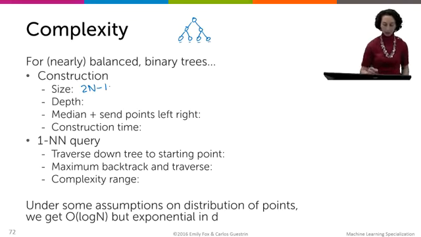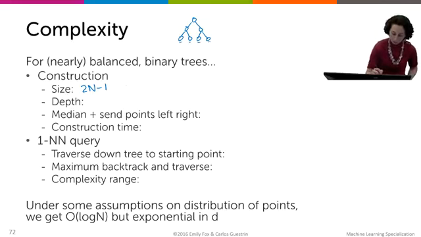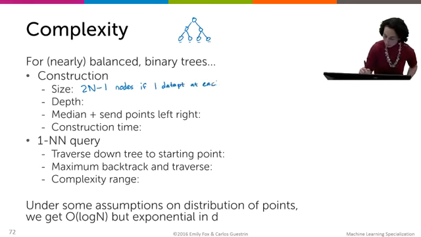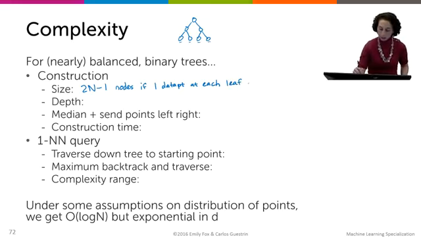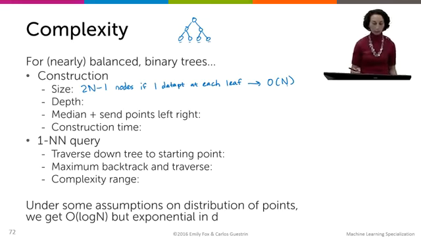So at least that little example checks out. This is 2n minus 1 nodes if one data point at each leaf, assuming it's a balanced binary tree. But the point is that there's on the order of n nodes in our tree.